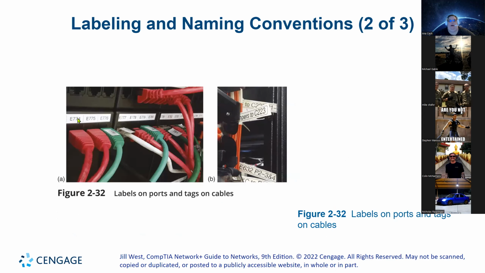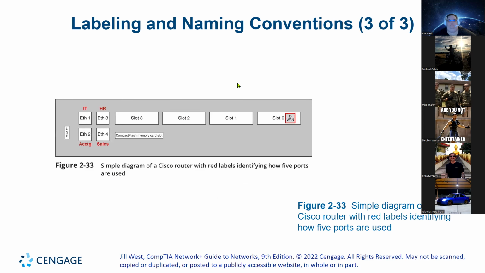Okay, a lot of them have, as you can see, the port label with the tags. The only problem is that if you have them stuck, you need to make sure that they're not going to come off, because that happens a lot. Or if you write on the cables, they'll rub off. So just keep those in mind when you're labeling.